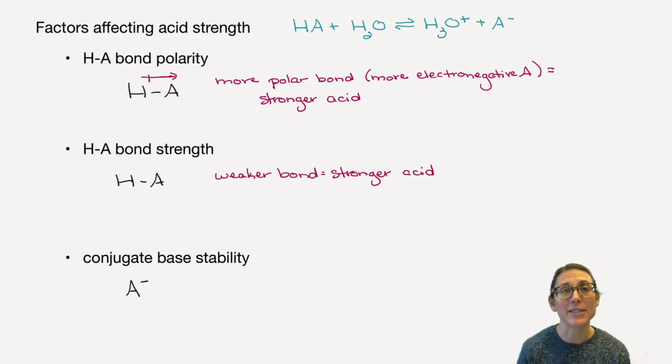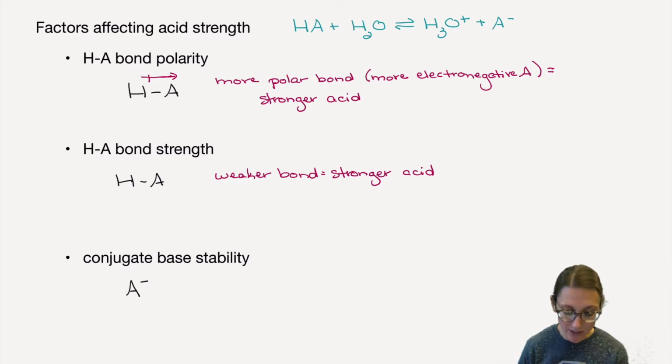The third piece of this, conjugate base stability, has to do with what you're making. If you make a product that is more stable, then you are going to end up with a greater likelihood that that product will form and will stick around, and thus you will end up with more products.